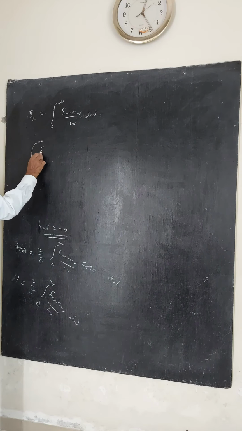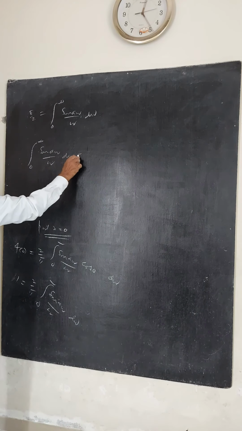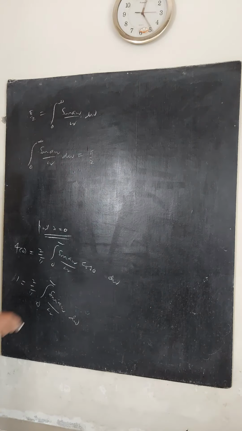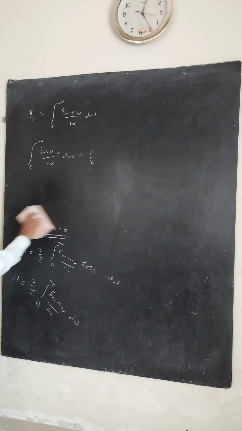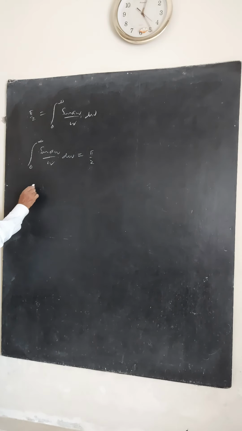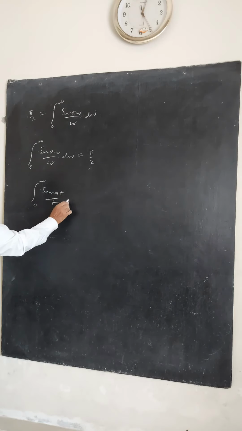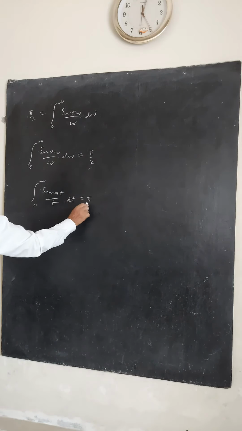So 0 to infinity sin a omega by omega d omega equals pi by 2. Changing the dummy variable, instead of omega we put t: 0 to infinity sin a t by t dt equals pi by 2.